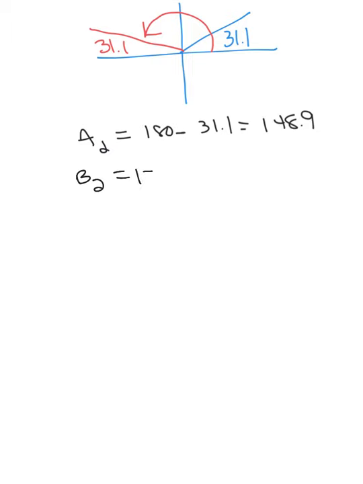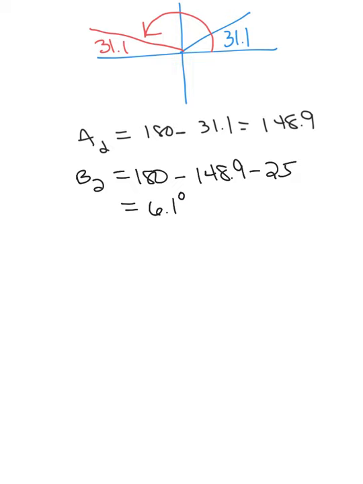So we're going to take 180 minus angle A, which we just said is 148.9, minus angle C, which we were given, is 25. If you do that subtraction, you do have an answer of 6.1 degrees. So what that tells me is, yes, I do have a second angle in this ambiguous case.